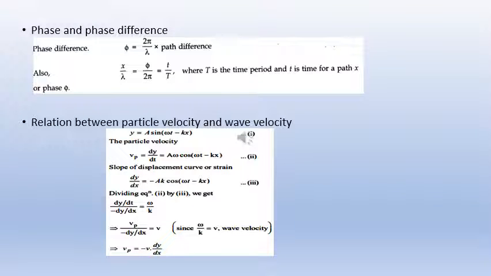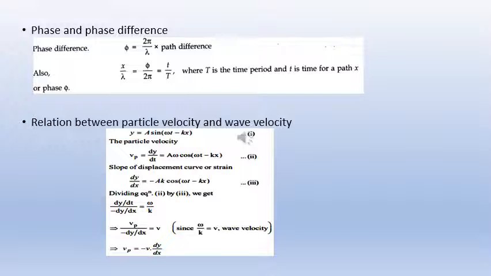As we had discussed in the previous slide, the definition of the phase gives the direction and position of a particle at an instant. For a wave which is propagating, the phase difference between two different positions can be given in terms of the difference in position and also in time. The phase difference in terms of position is 2π/λ times the path difference, where the path difference is the difference in position of the particles at two different points.